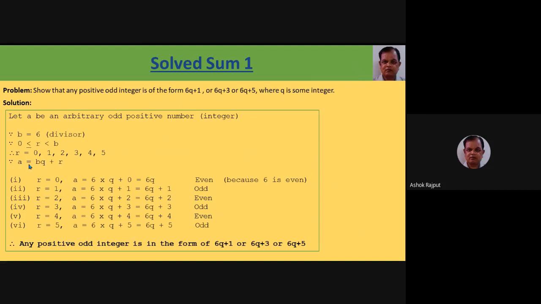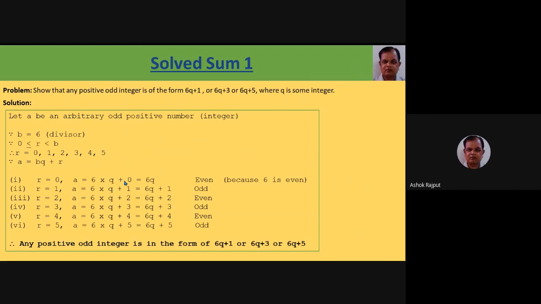And we know, according to Euclid's division lemma, a equals bq plus r. We will apply this lemma in this question and use these remainders. First the remainder is 0, and in a equals bq plus r we put 0 in place of r.